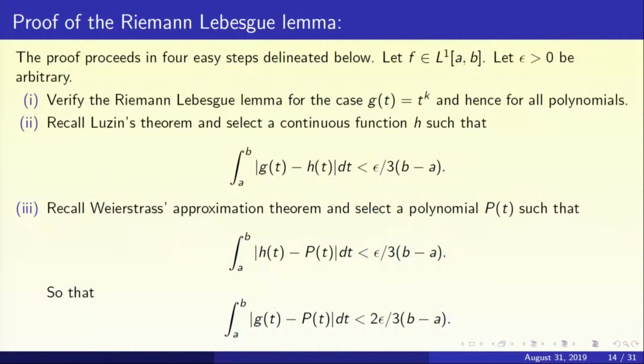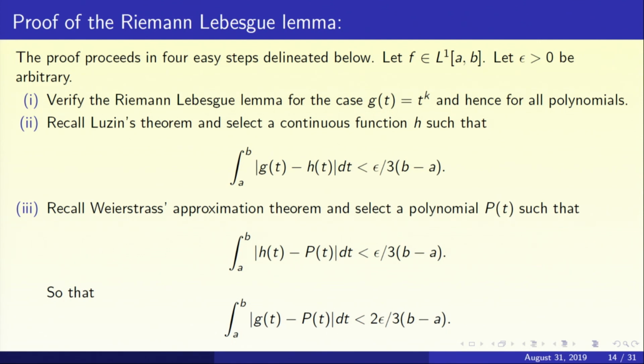Our function g is in L1, so I can approximate this function by a continuous function. So we pick up a continuous function h of t such that integral from a to b of mod g t minus h t dt is less than epsilon by 3. Okay. Now take this continuous function h of t and approximate it by a polynomial.